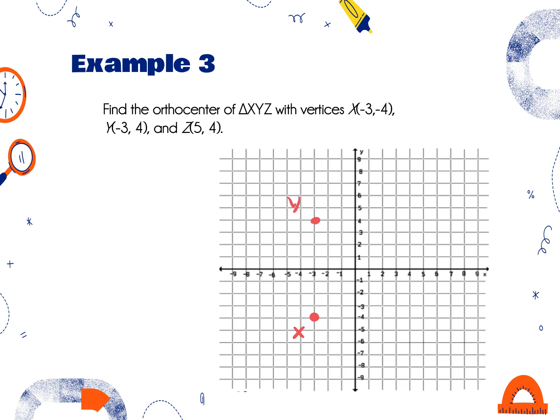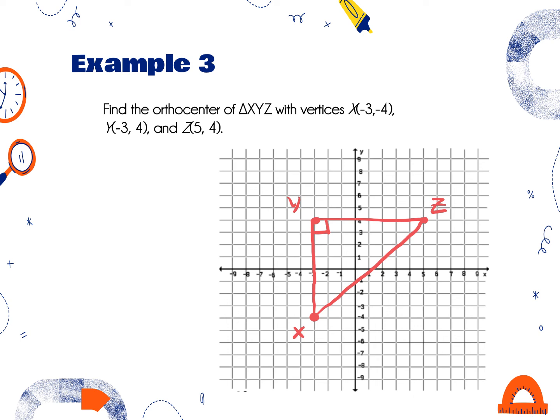And then finally Z, which is at +5, +4. Notice when I connect my points, I'm creating a horizontal line and a vertical line. That tells me together that horizontal and vertical will form perpendicular lines. So this is a right triangle.